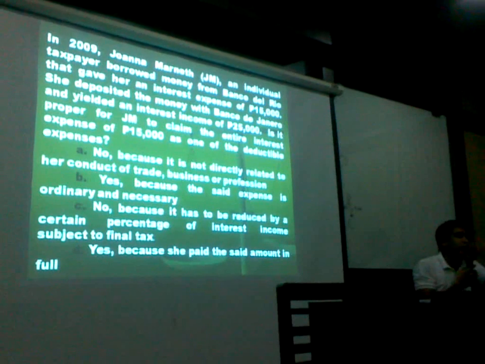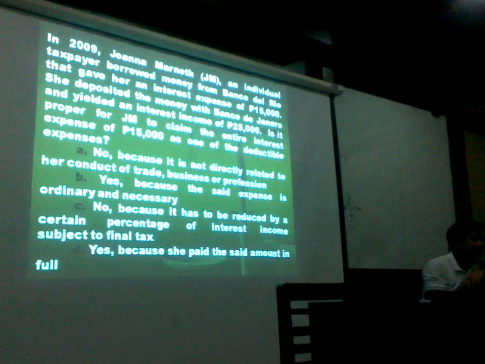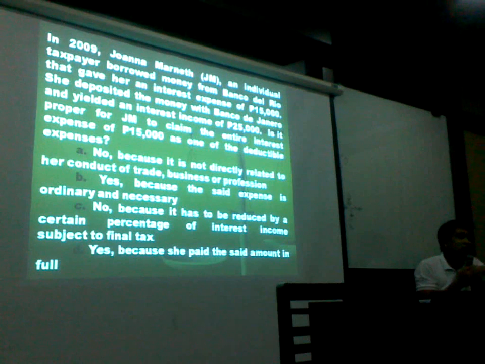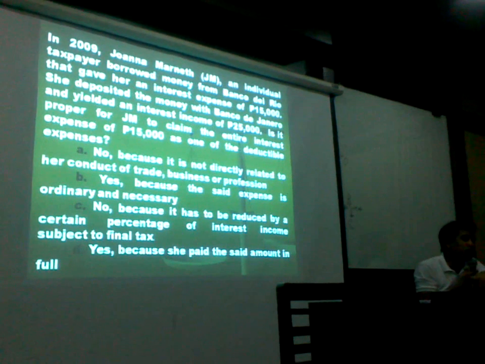Going back to arbitrage scheme, to recall. Normally, the amount loaned by the taxpayer is supposed to be put into his business. But if he puts it into business, it would be subject to income tax. For example, if it is a corporation, how much is the rate? 30% now.